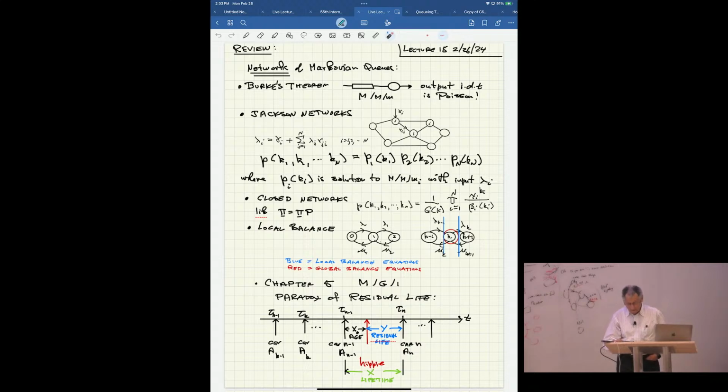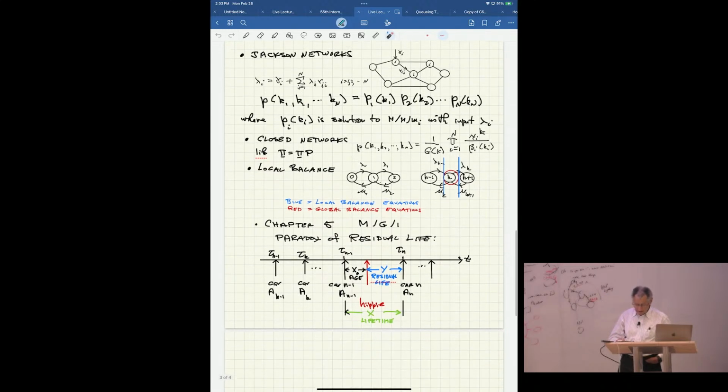Not always. If your system does give you a local balance equivalence, then solving the local balance is easier than the global balance. And of course, you've got to check when you're done that it satisfies the global balance. If you get the global balance equations, it doesn't necessarily mean that the local balance are satisfied. You've got to check for that. Okay, that's the major review.